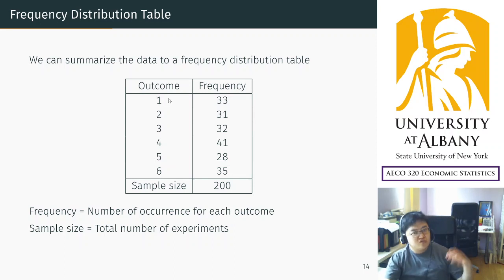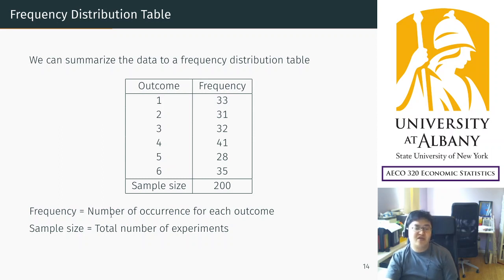Among 200 repetitions, outcome 1 happened 33 times, and outcome 2 happened 31 times. There are 6 different outcomes, so there must be 6 frequencies, and the 6 frequencies should sum to the total number 200, the total sample size, right?